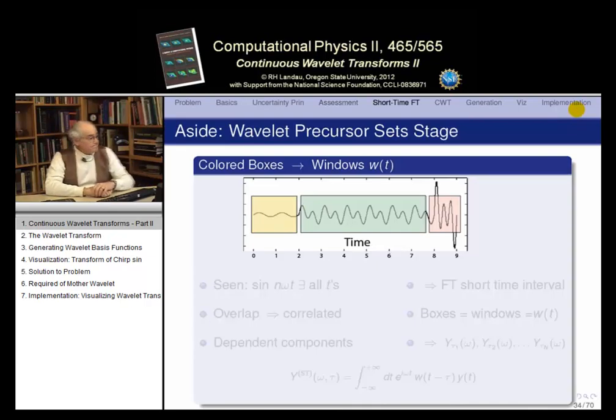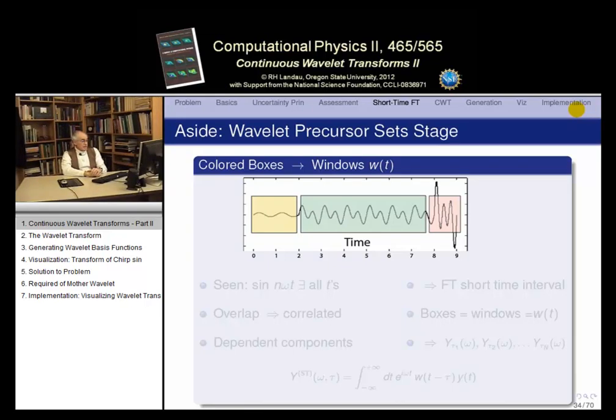So let's go ahead. Recall, this is our problem. We have a signal, a non-stationary signal, in which we have a number of frequencies which exist at different times. And we're trying to develop an analysis tool which will be sensitive to which frequencies are present at which time.